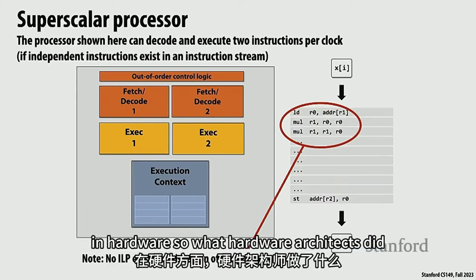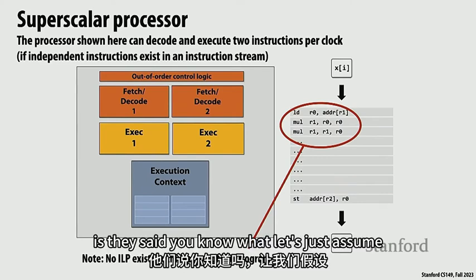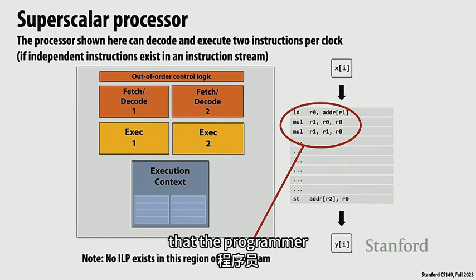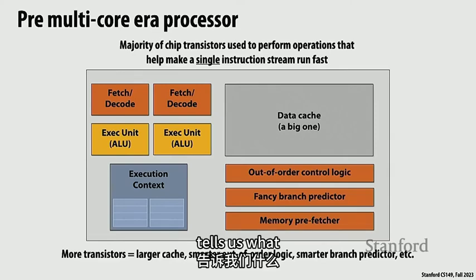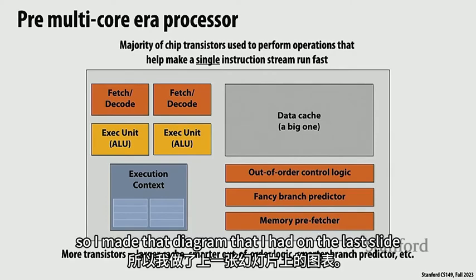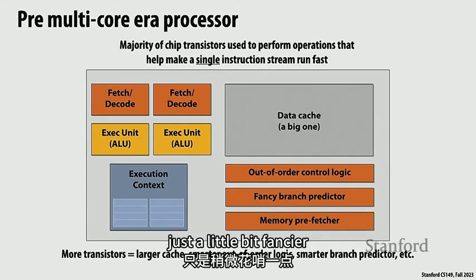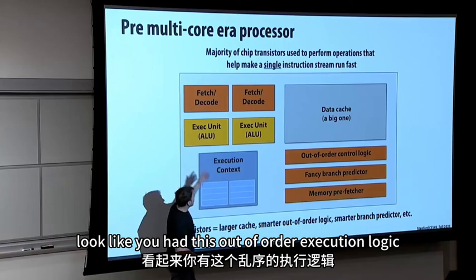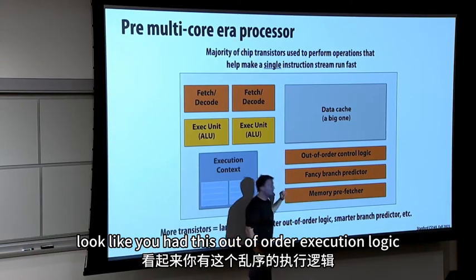So what hardware architects did is they said, you know what, let's just assume that the programmer tells us where that parallelism is, so we don't have to work so hard for it. I made the diagram from the last slide a little bit fancier. You had this out of order execution logic.